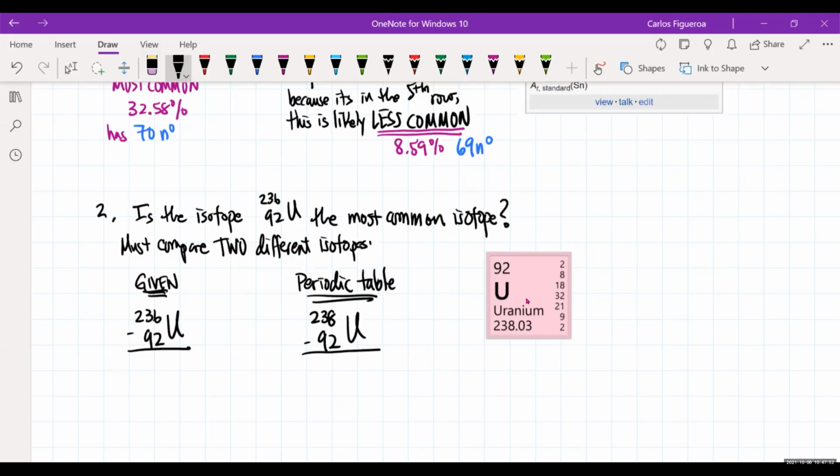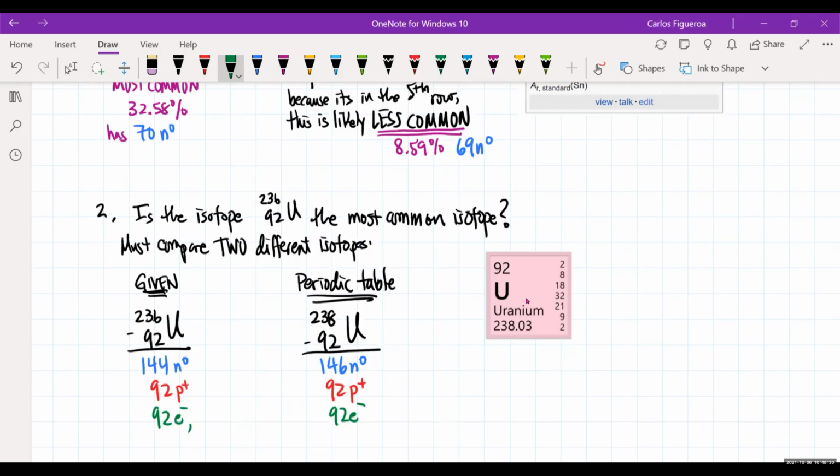So then I got to calculate everything about this atom structurally. This guy has 144 neutrons. The one listed on the periodic table has 146 neutrons. But because both of these are uranium, they have to have the same number of protons and the same number of electrons.